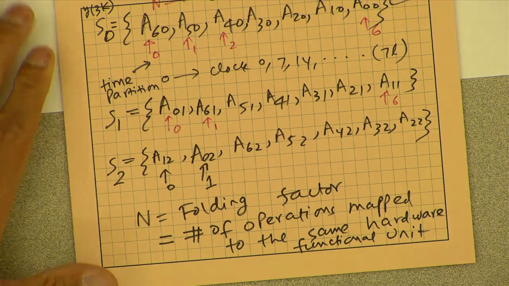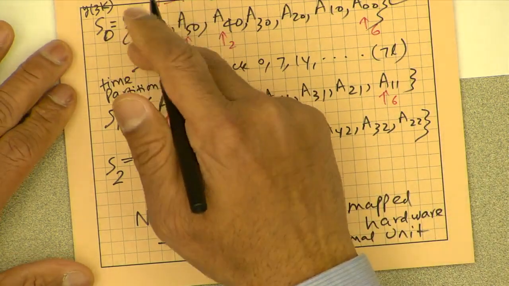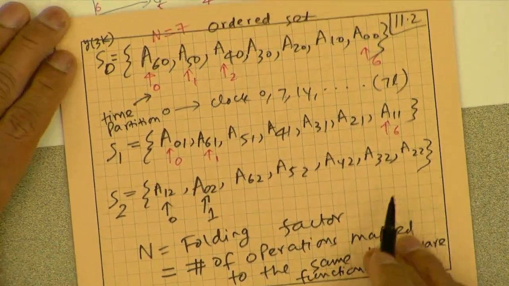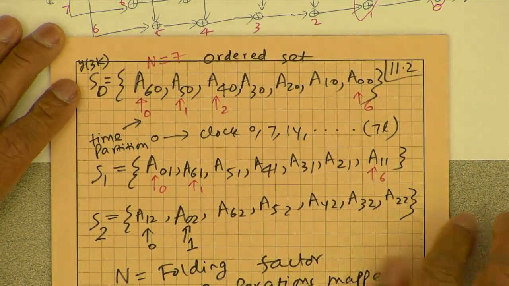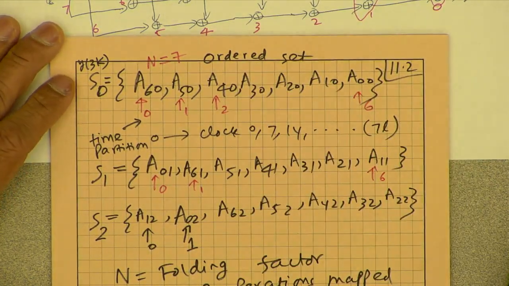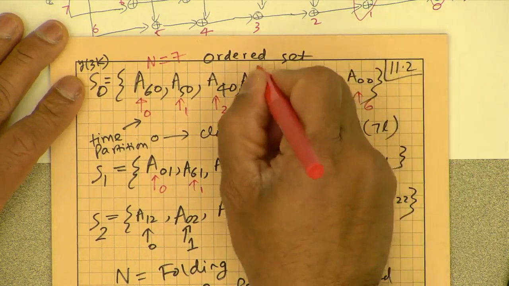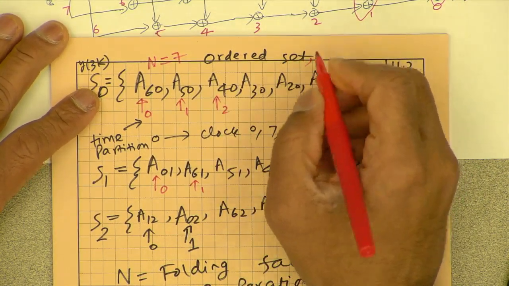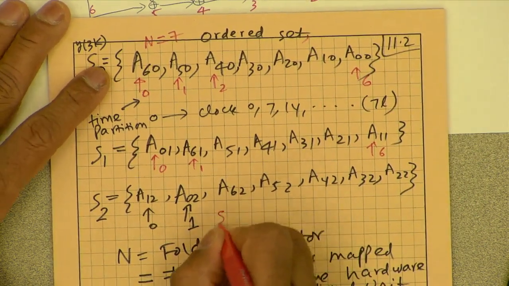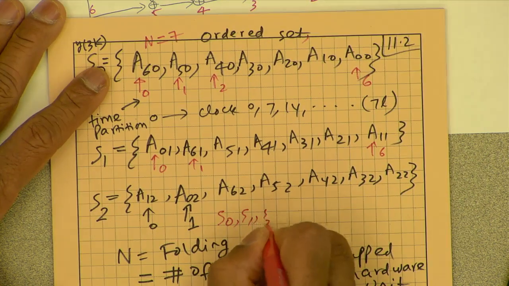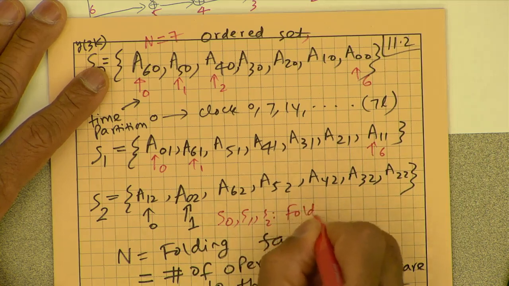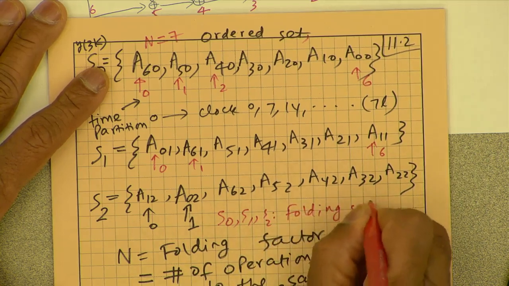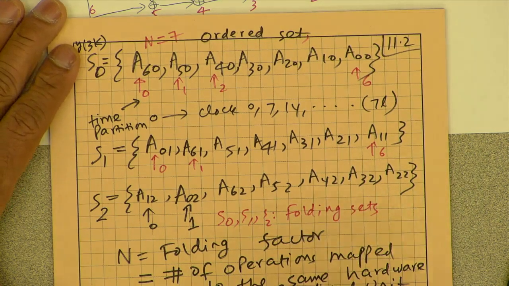Okay, n is the folding factor. So these S0, S1, S2 are ordered sets, also known as ordered folding sets. S0, S1, S2 describe folding sets, and these are ordered folding sets.